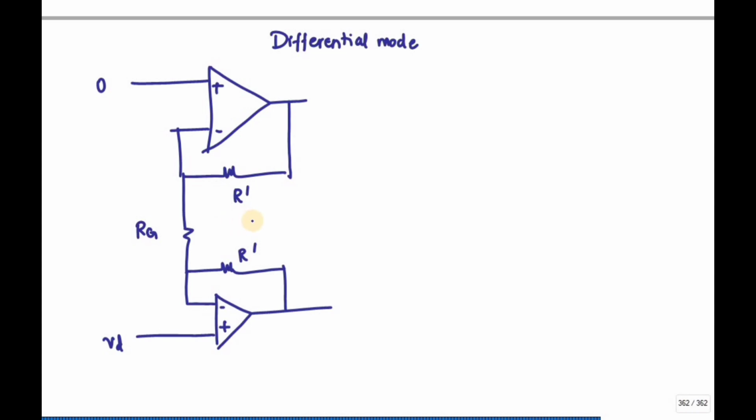If that is the case, I can write this is VD, this is also VD since it is negative feedback. So if this is 0, this is also 0, right?